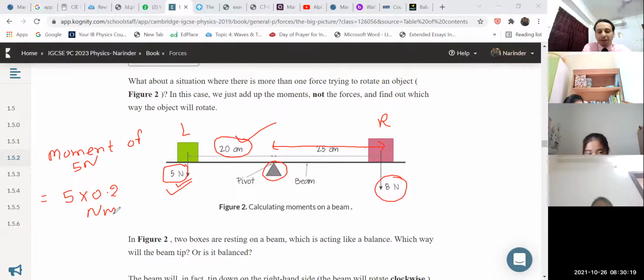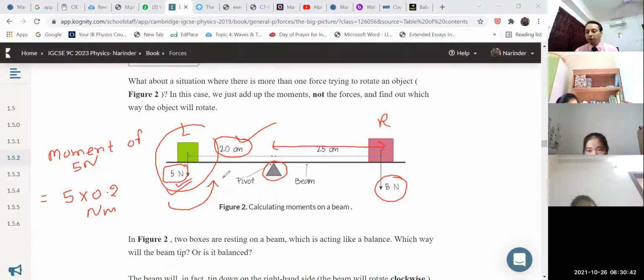And remember, children, due to this moment, due to this turning effect, this object will try to rotate in what direction? You know, children, X is force acting 5 Newton on this side, left hand side. Due to this, it will try to rotate in anti-clockwise direction. You remember, children, moment is a vector quantity.